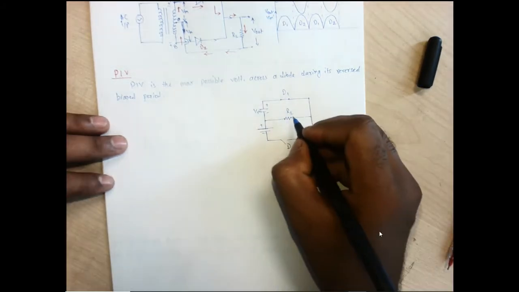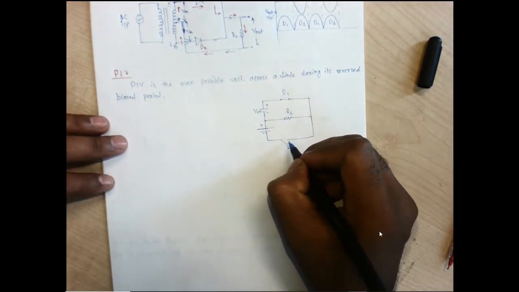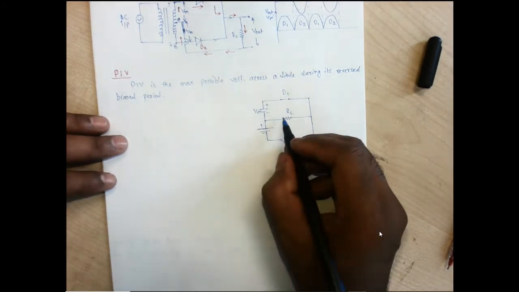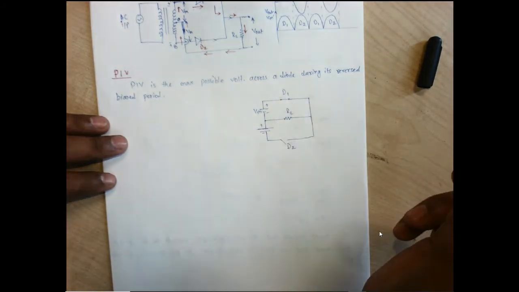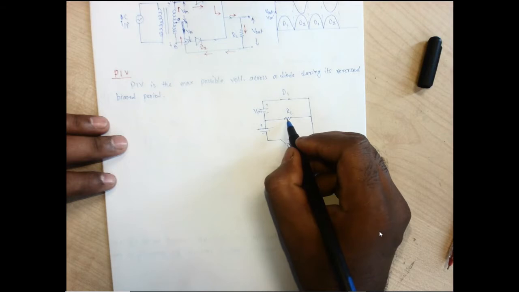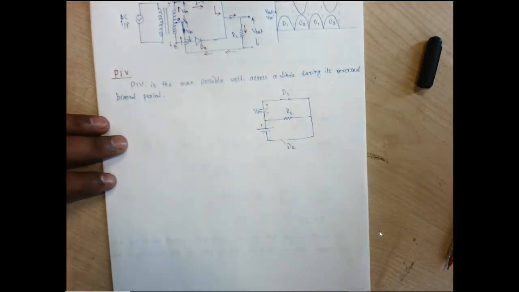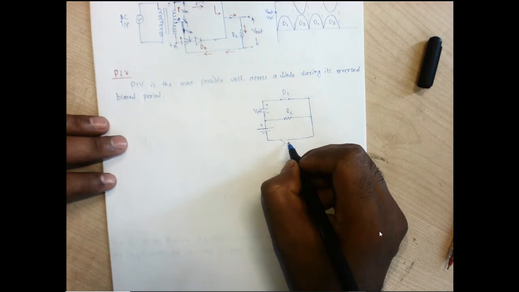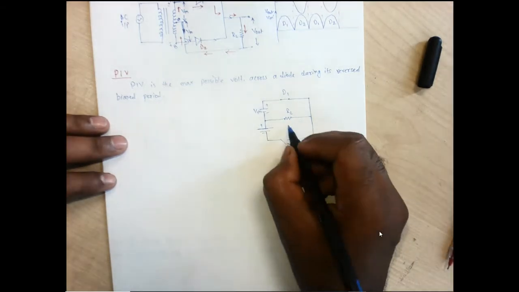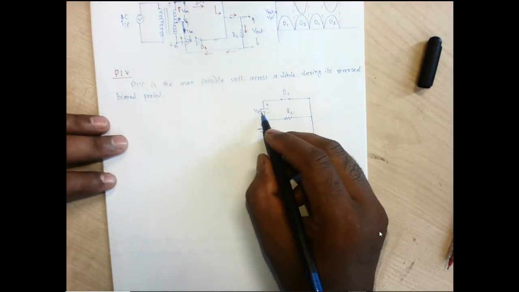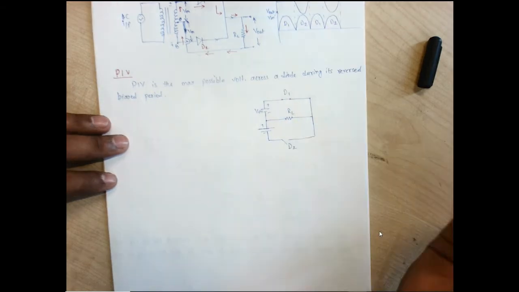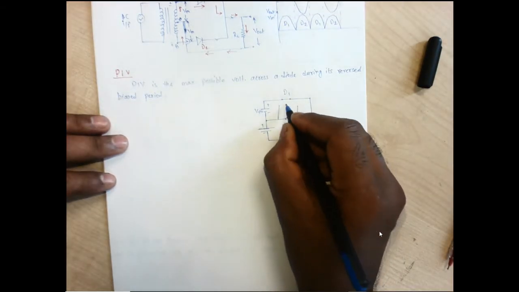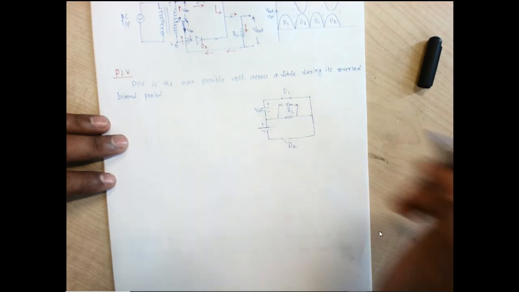We need to find out what is the voltage coming across this D2, which is supposed to be the PIV for this D2. As D1 is short circuited, RL has the same voltage as Vm. So we can simply take it that there is a voltage of Vm across this RL.